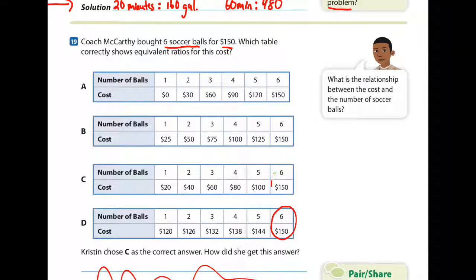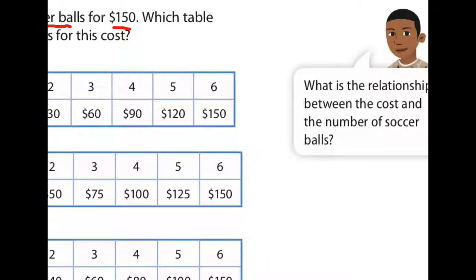But the next thing I'm going to do, before I start looking at the rest of the tables, is figure out the relationship between the number of balls and the cost. So in other words, 6 times what number is 150? Or 150 divided by what number is 6? Either way, you can think about it.